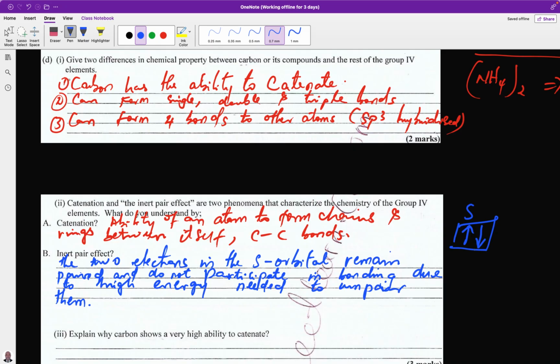If you want to unpair this electron in the s orbital, you need to promote it to a higher energy level. So this is what we call inert paired effect.